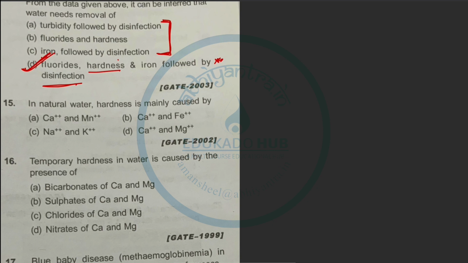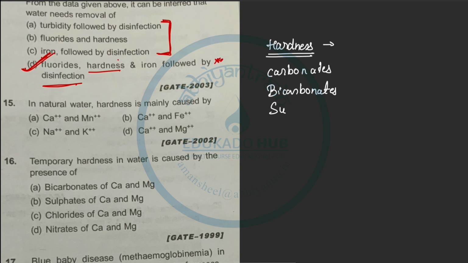So see, hardness is caused by the presence of carbonates, bicarbonates and sulfates, chlorides of what?